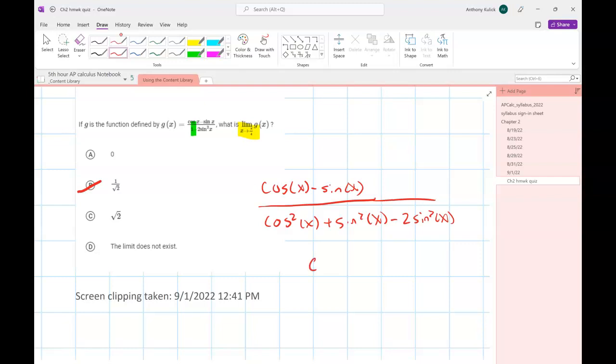And if I simplify the denominator, that's going to give me a cosine squared minus sine squared, which that denominator can factor.